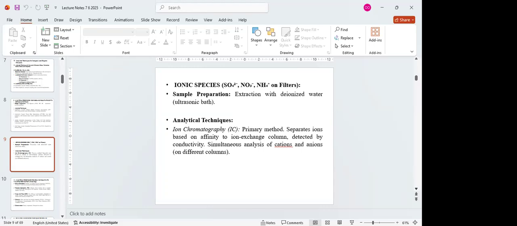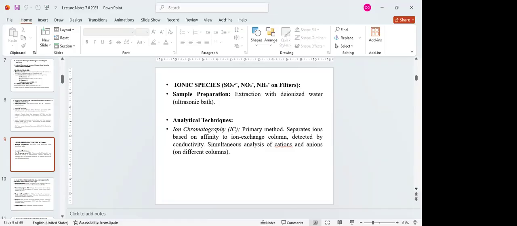And you do that using the ultrasonic bath. And we use ion chromatography, IC, as an analytical technique in its detection. The primary method is that it separates ions based on affinity to the ion exchange column.